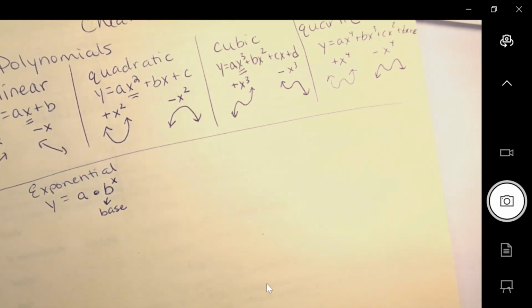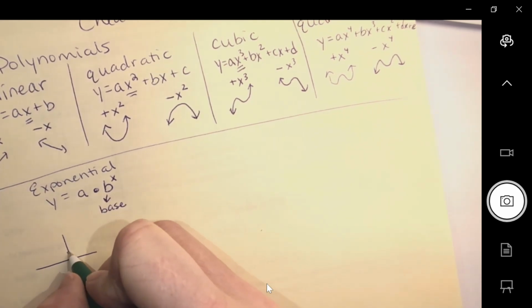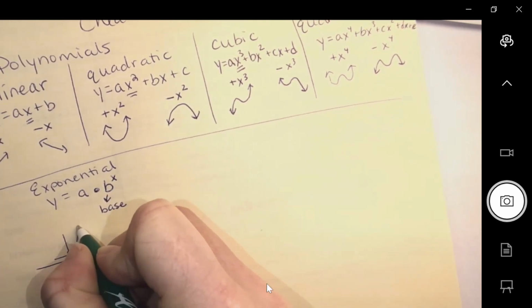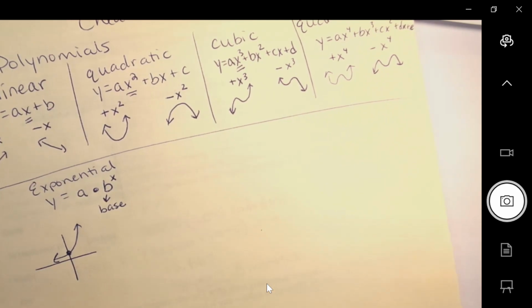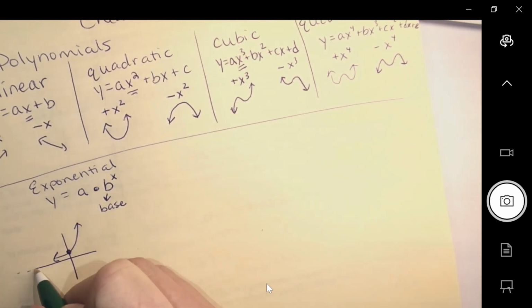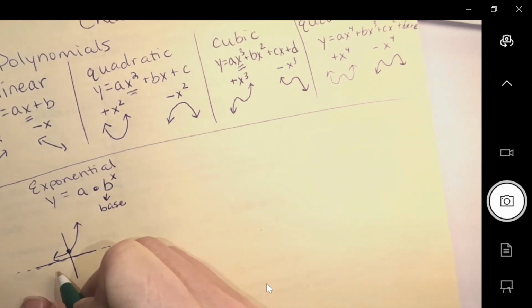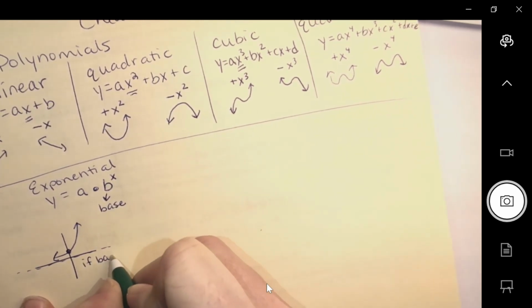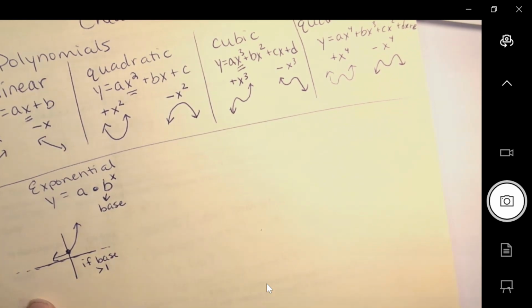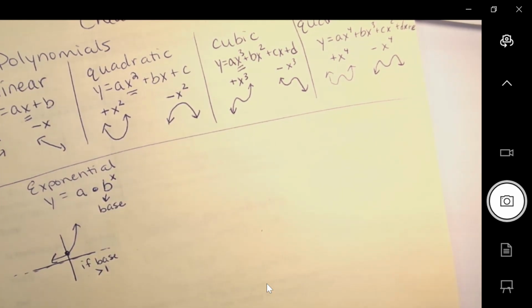This was the general shape of an exponential. If base was bigger than 1, remember that? If you're exponentially growing, your rate is bigger than 1.